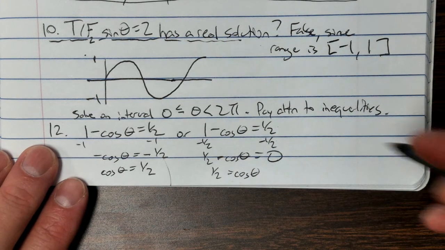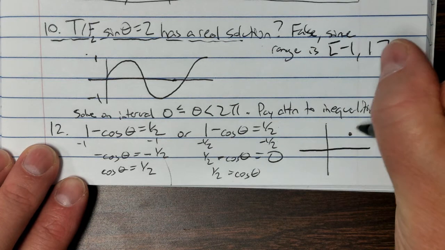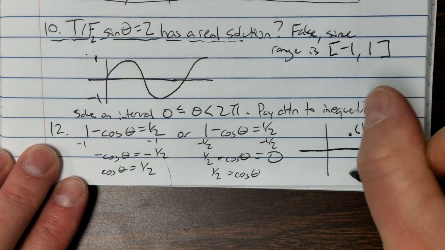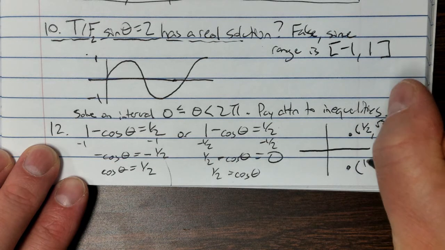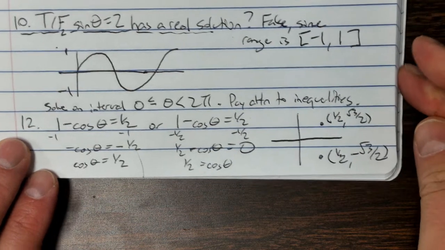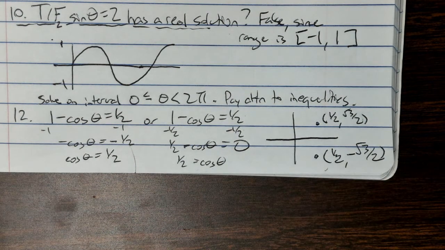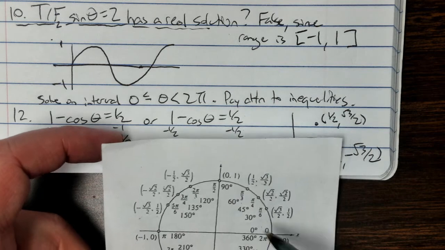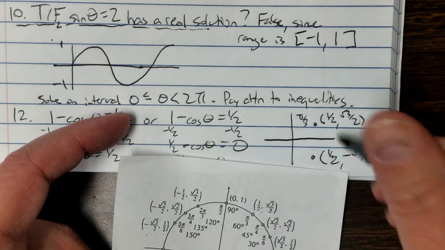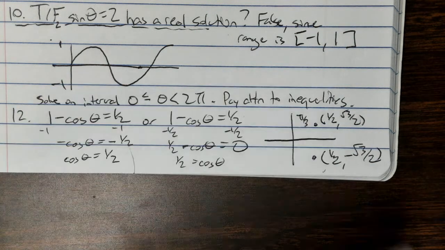So now what we would do is look at your unit circle, and this is your 1/2 with square root of 3 over 2, and this is your 1/2 with negative square root of 3 over 2. So you want where x is 1/2, and then we just look at our unit circle, so that's pi/3, and then 5pi/3.